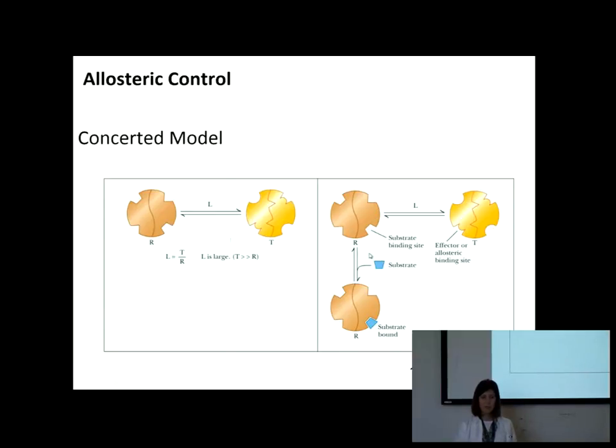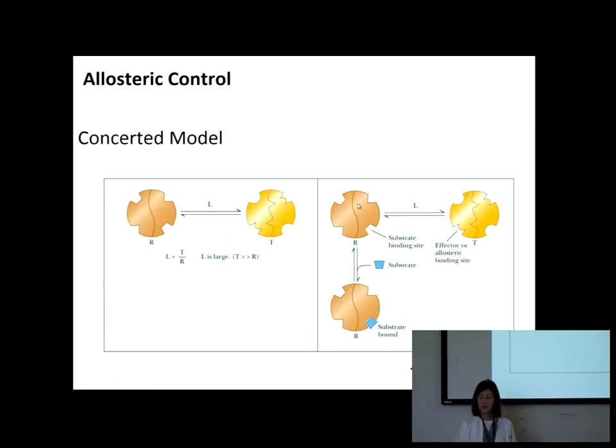Remember Le Chatelier's principle, if we pull this out, how is this going to shift? It's going to shift more towards the relaxed form. So then that one is out. Now we're down to 98 and pull that other one over. Then that will bind the substrate and pull that one out. Then we're down to 97. Pull that one out and bind another substrate.